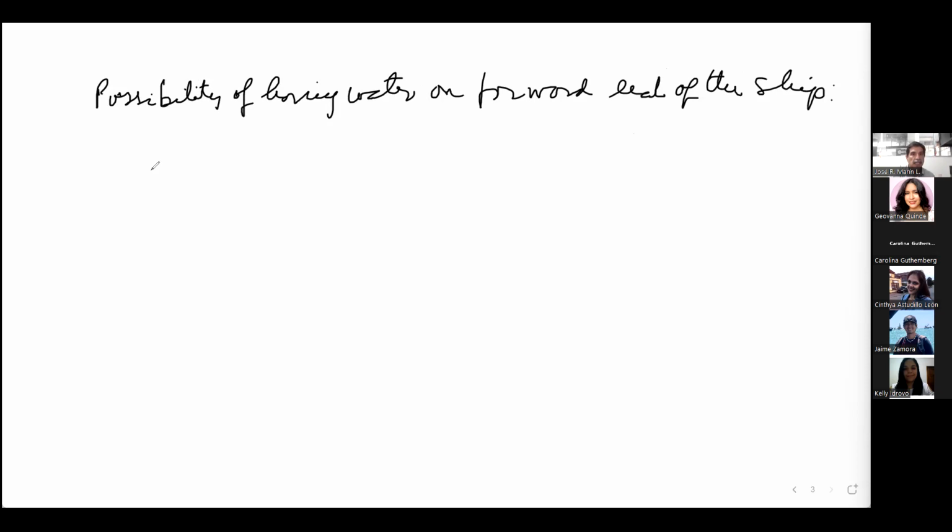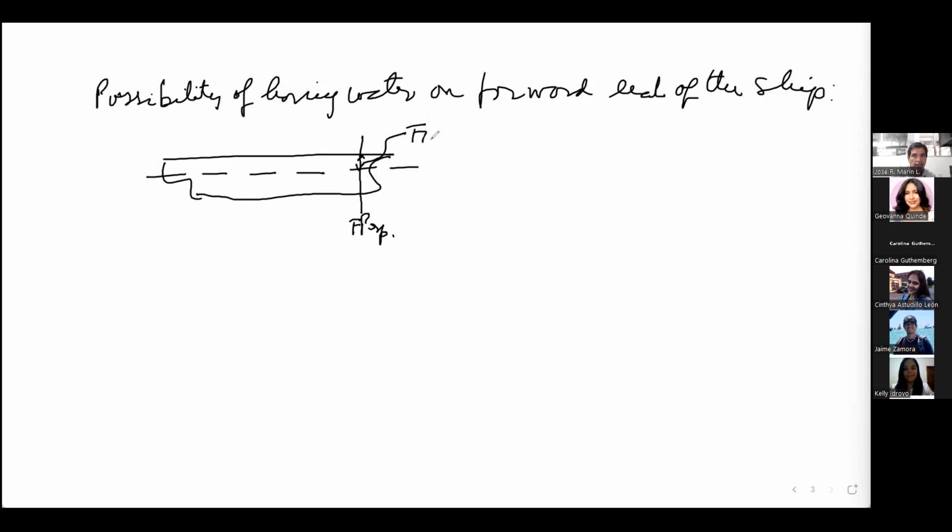So what we need to do here is, this is our ship. This is static equilibrium. And here, this is the forward end. So here we have this vertical distance. This is the freeboard in the forward end.